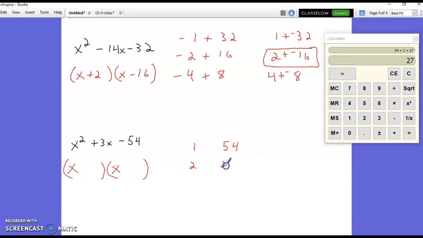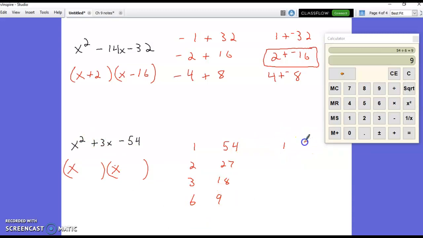Still pretty far apart from 3. 54 divided by 3, yep, 3 and 18. Still not close to 3 though. 54 divided by 4, no. 54 divided by 5, that's not going to work. 54 divided by 6, we got 6 and 9. And you can see the difference here. We're looking for a difference of 3. So I'm going to stop there.